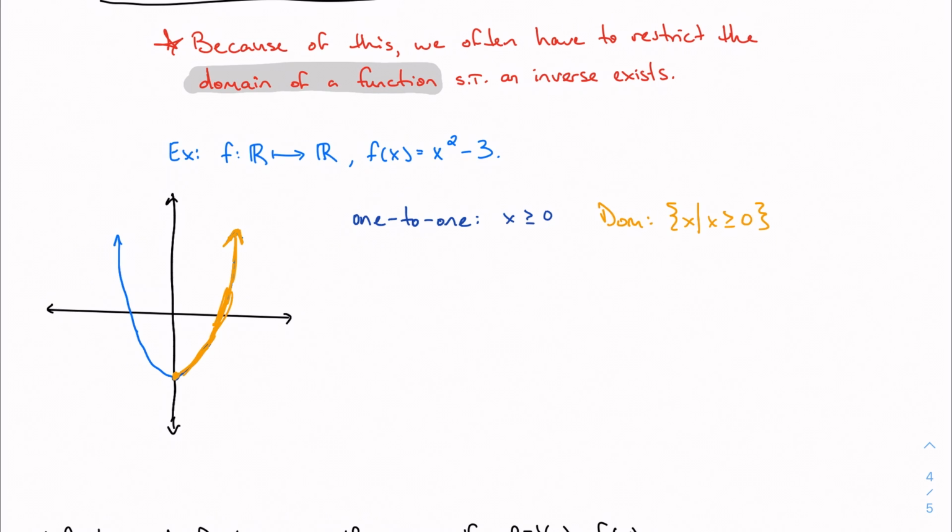We also need to restrict our codomain so that it's onto, right? This is clearly not an onto function right now because I have stuff down here that doesn't have a match. So we need to restrict our codomain by making this an onto function, and we're going to do that by just limiting our codomain right where the minimum value of the function is.